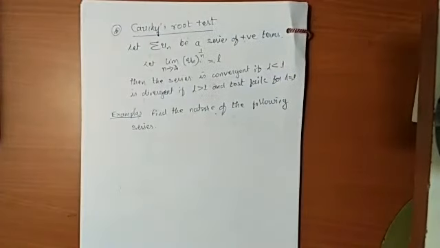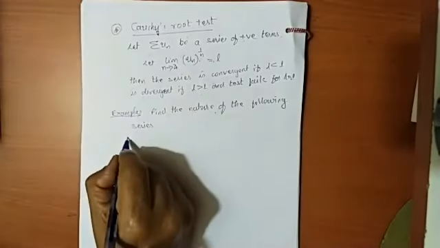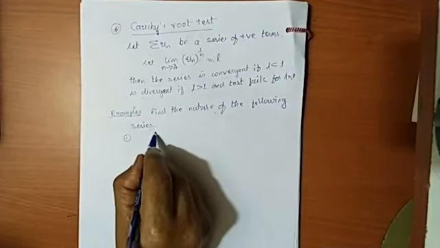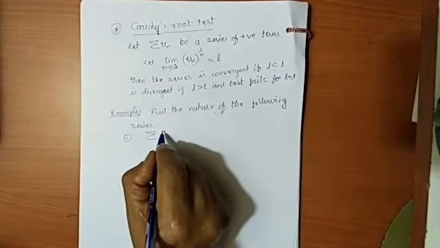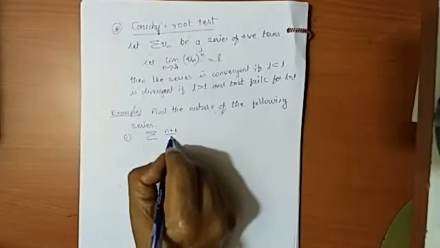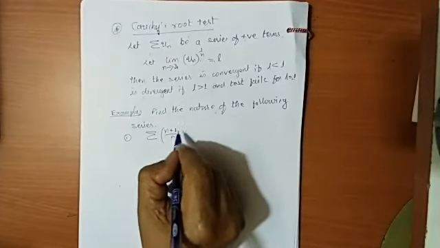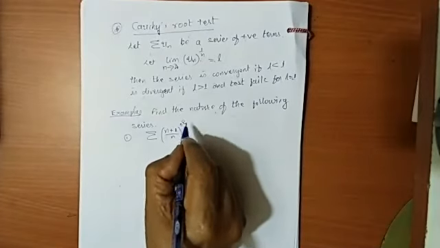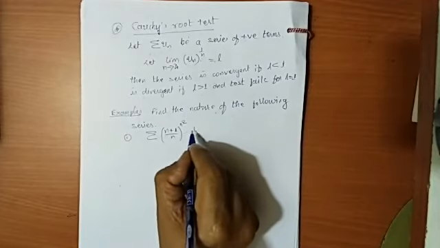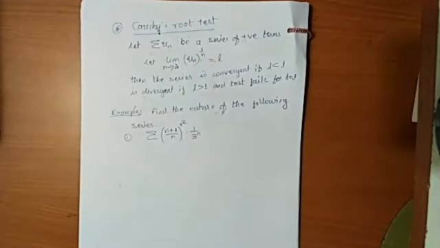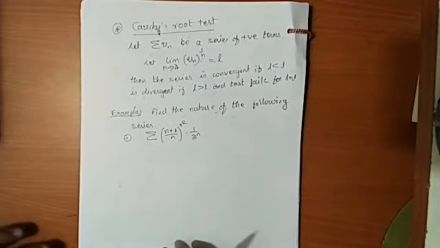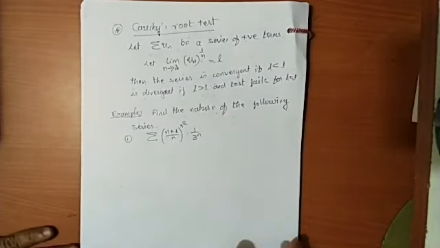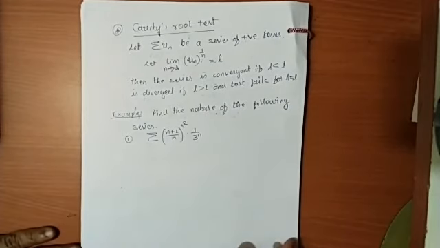The first one is sigma (n plus 1 by n) raised to n squared into 1 by 3 raised to n. So this is my first series.